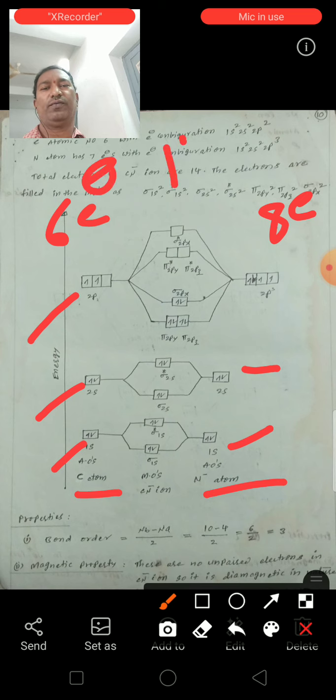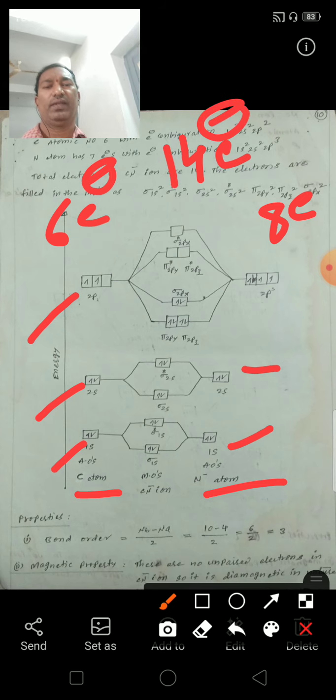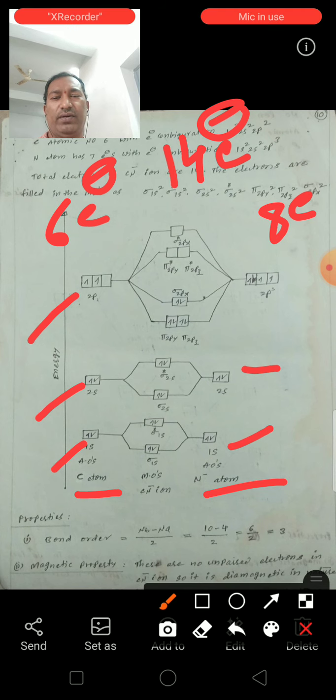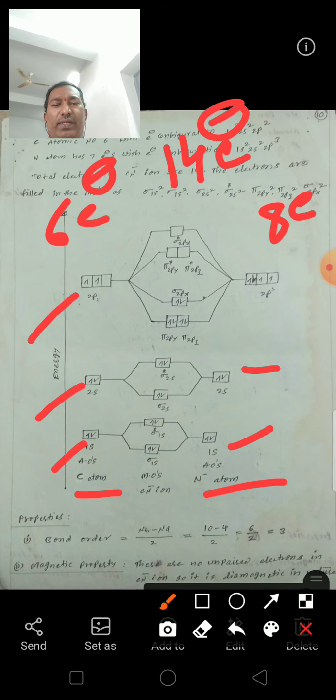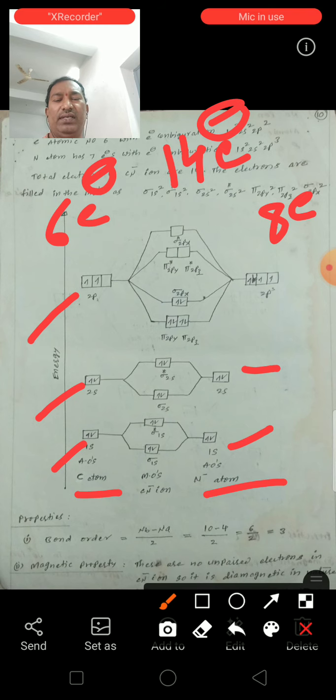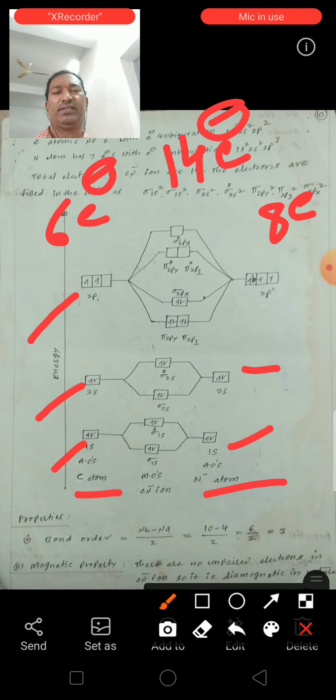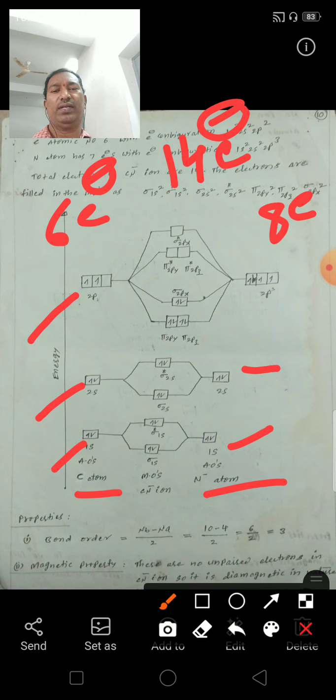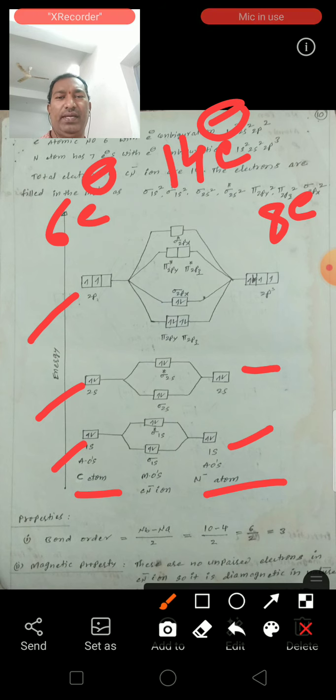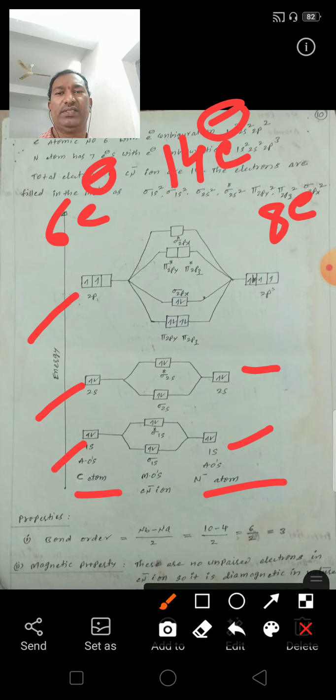So these total 14 electrons are filled in the molecular orbitals. So 2 electrons in sigma 1s, 2 in sigma star 1s, 2 in sigma 2s, 2 in sigma star 2s, 2 in pi 2py, 2 in pi 2pz and 2 in sigma 2px. This is the molecular orbital energy diagram for the CN minus molecule.